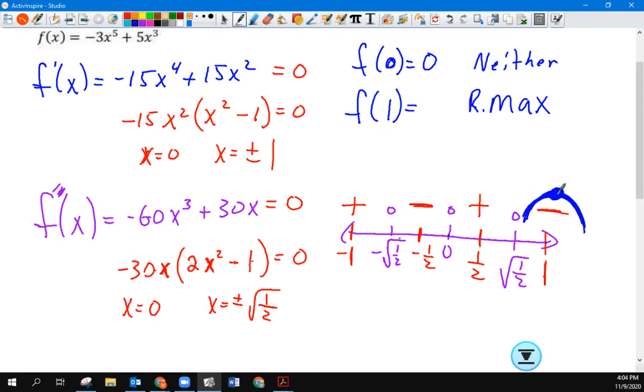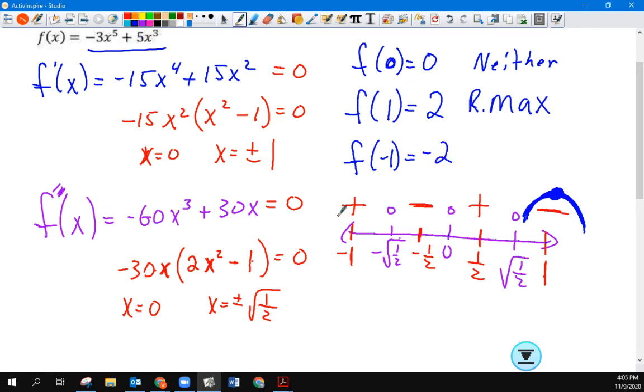That means it has to be a relative maximum. And you plug 1 into your original one, and right here you get negative 3 plus 5, which is 2. Then you plug in negative 1. When you plug in negative 1, you're going to get positive 3 minus 5, which is negative 2.